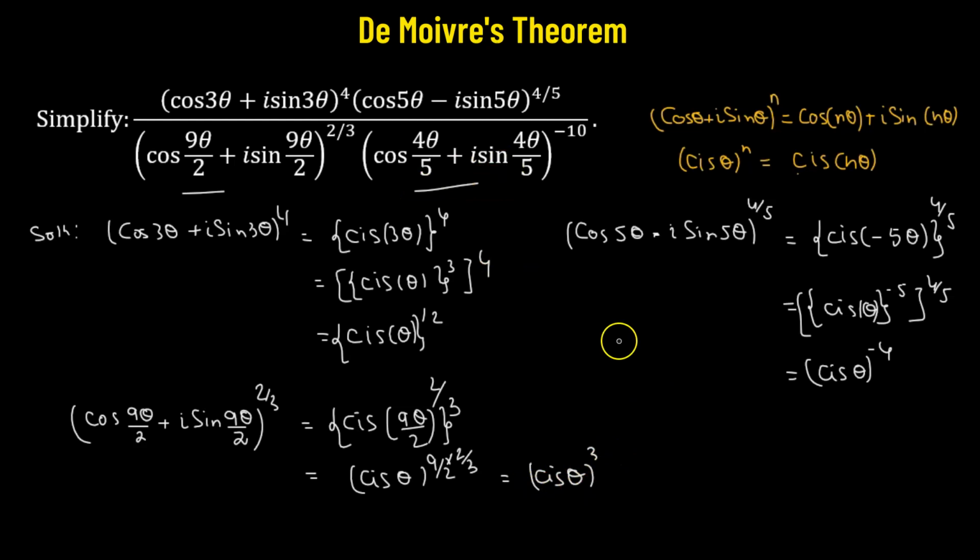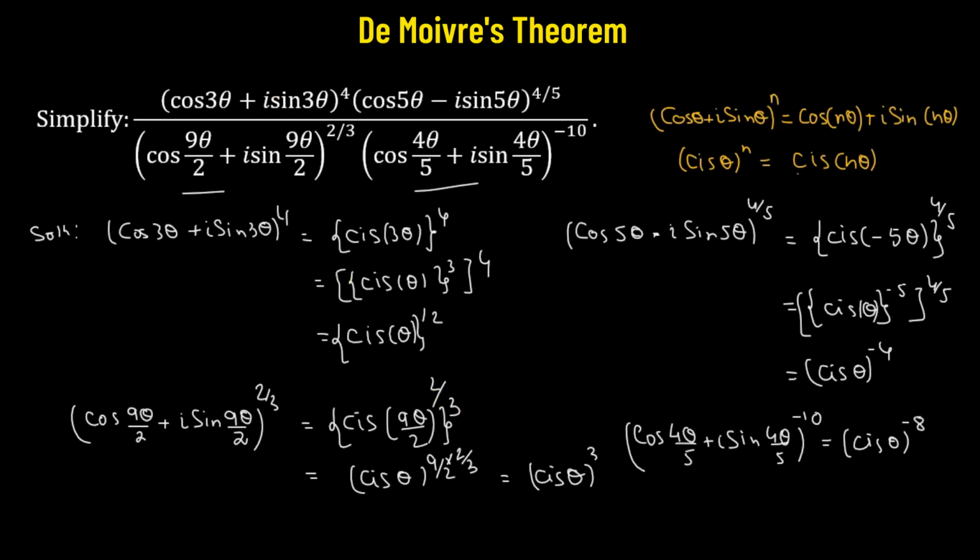And coming to this final expression, we have (cosine of 4 theta over 5 plus iota times sine 4 theta over 5) whole raised to the power of negative 10. So this will become cis of theta raised to the power of 4 over 5 multiplied by negative 10, which is simply negative 8.